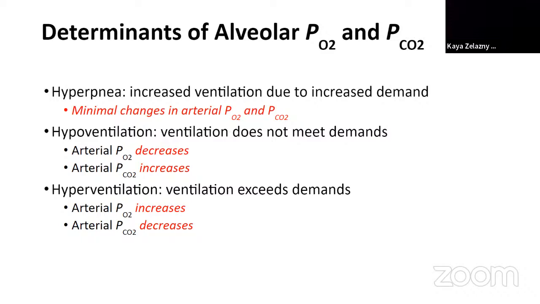So this has the effect of putting more oxygen into your blood, so we're going to see a higher partial pressure of oxygen. We're going to see a lower partial pressure of carbon dioxide, because if you breathe in really fast, you're also breathing out really fast. So breathing rate has a big effect on our partial pressures of both oxygen and carbon dioxide.